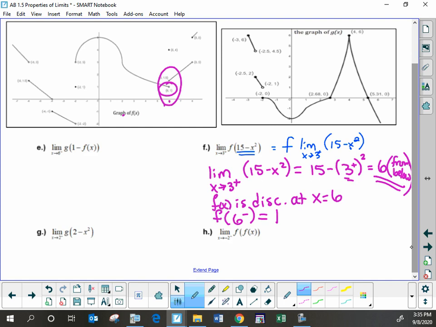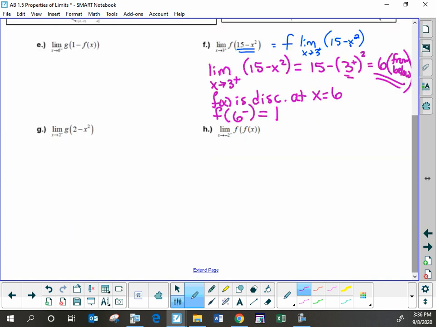Letter G, G of 2 minus x squared. I can think of this as my f of x function, can't I? They've just been explicit with that function. So I am going to look at the limit as x approaches 2 from the left of 2 minus x squared.